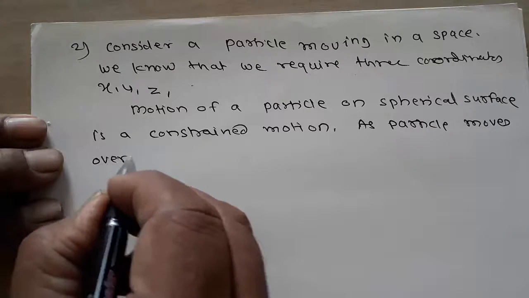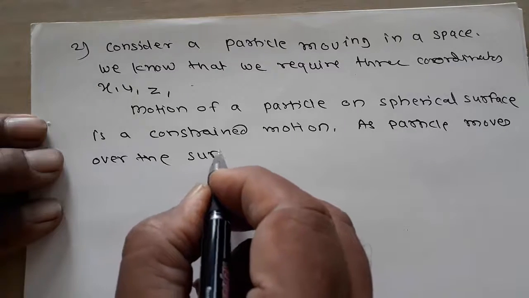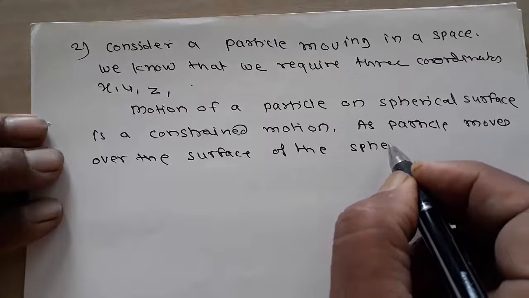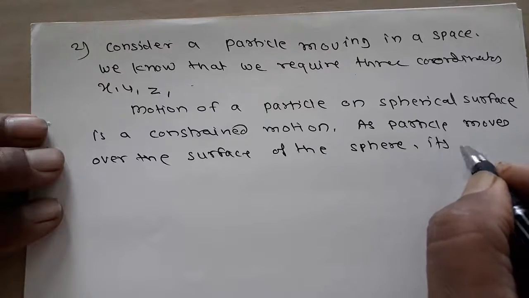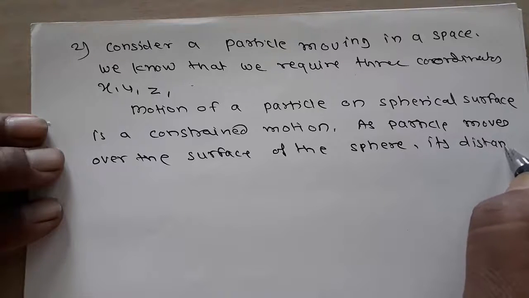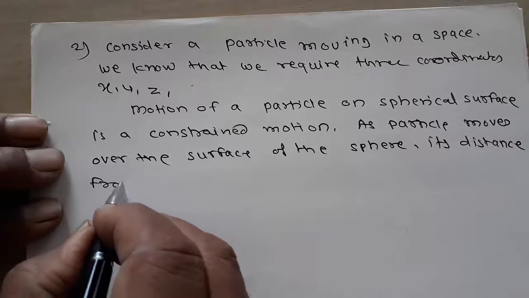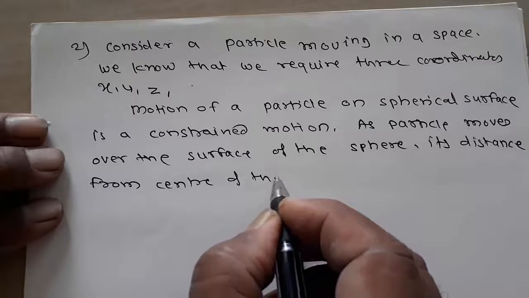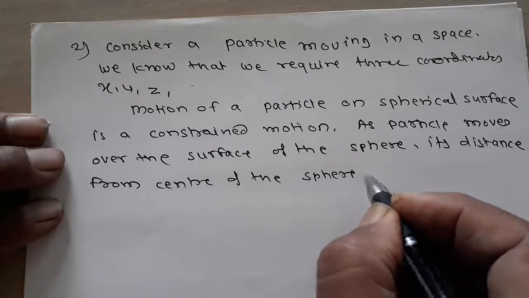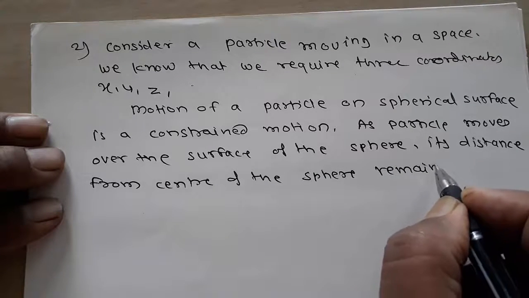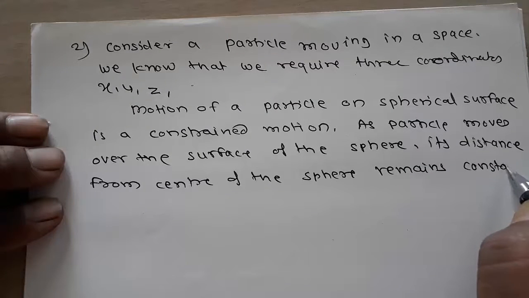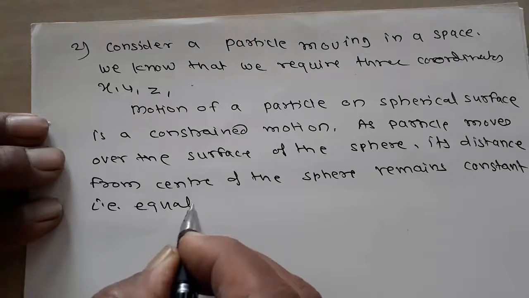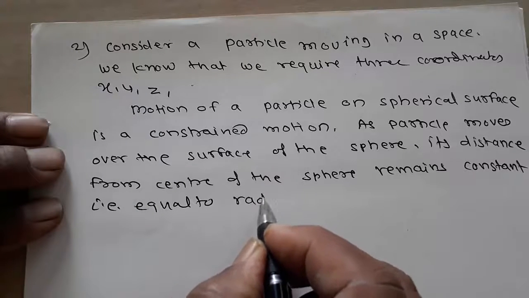As the particle moves over the surface of the sphere, its distance from the origin, that is the center of the sphere, remains constant, and that is equal to the radius of the sphere.